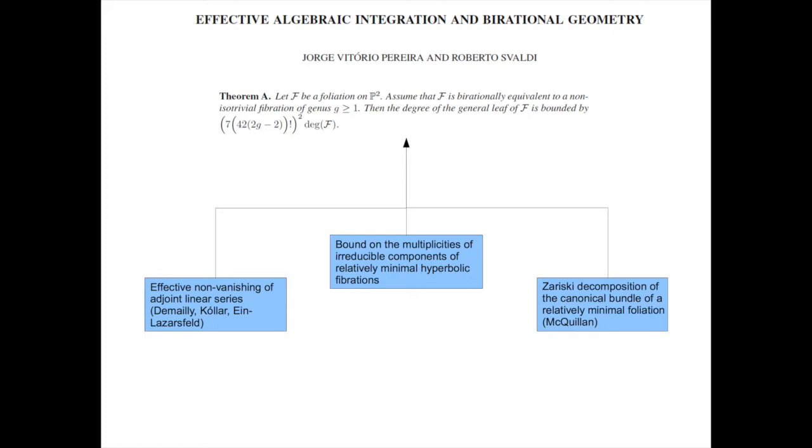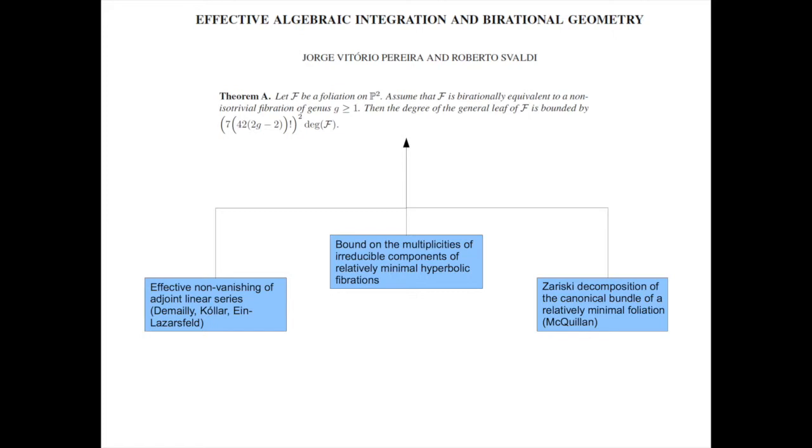And that's the kind of technique that we have to use. So this is the technique to produce sections. This is the work of Zariski. So this is the effective non-vanishing of the adjoint linear series. The Zariski decomposition of the canonical bundle is the one that describes the structure of the canonical bundle of the foliation.